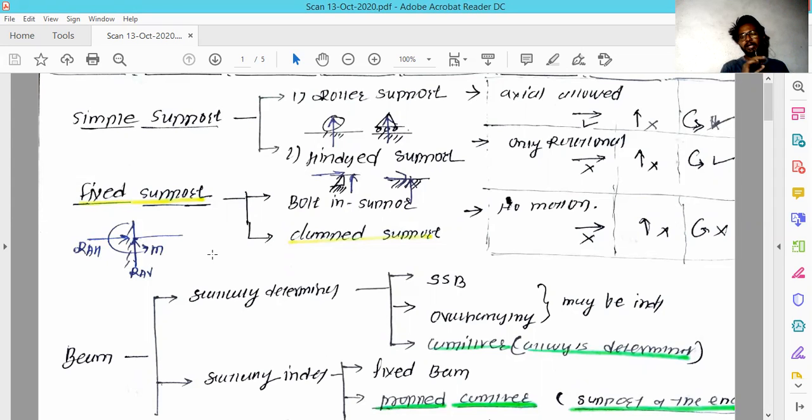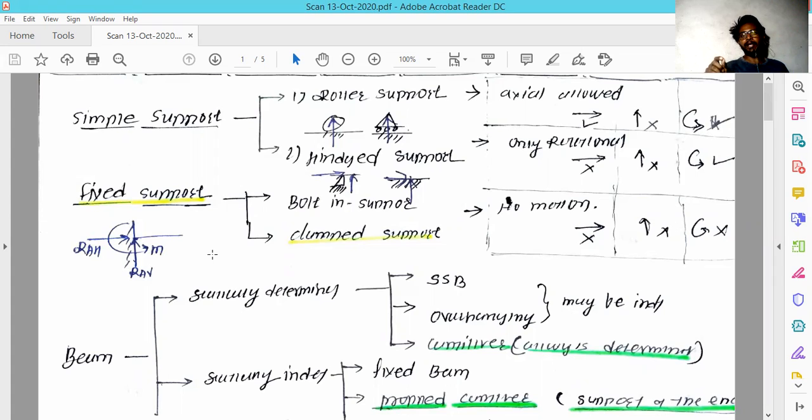This kind of support restricts all kinds of movement. It will not allow movement in any direction. First, it restricts the vertical movement and the horizontal movement, and the last is the rotational movement. So all three movements get locked. Because of that, we have to apply reaction forces in the opposite direction.